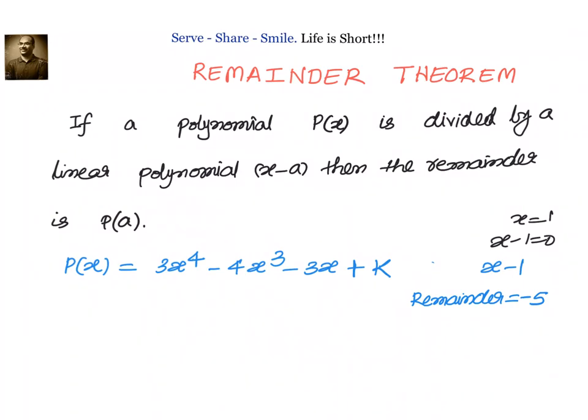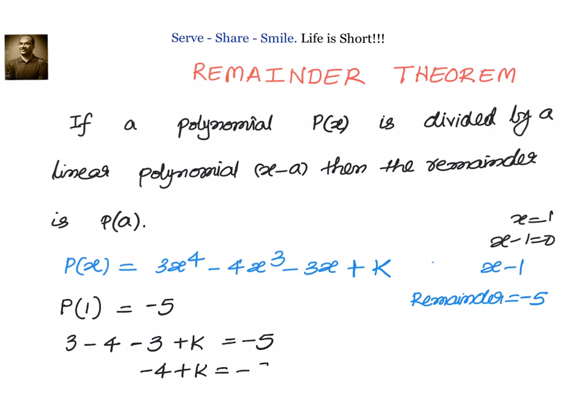Now we substitute x equals 1 in the polynomial. So p of 1, that is the remainder, equals minus 5. We will have 3 into 1 to the power of 4, 3 minus 4 minus 3 plus k is equal to minus 5. So that is minus 4 plus k is equal to minus 5, or k equals minus 5 plus 4, which equals minus 1. So the value of k is minus 1.